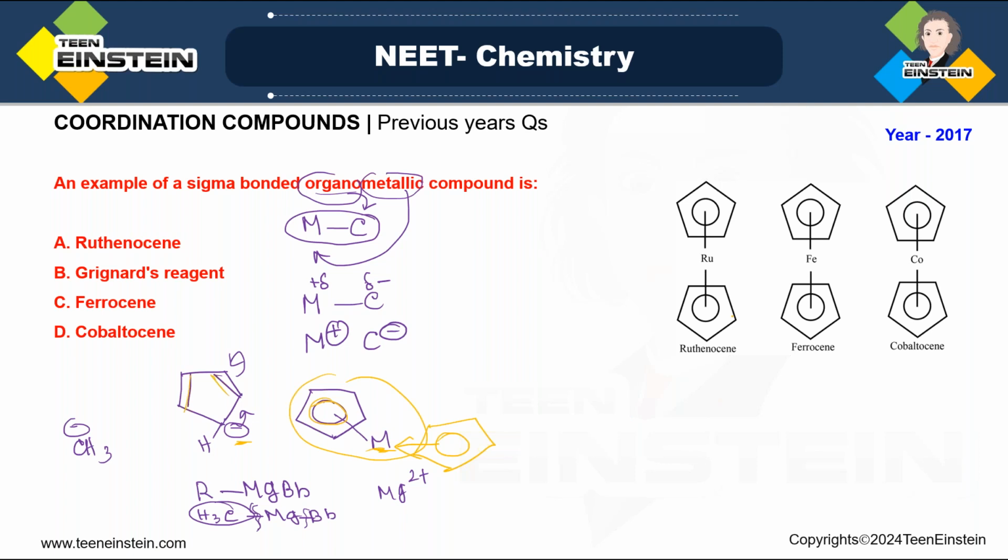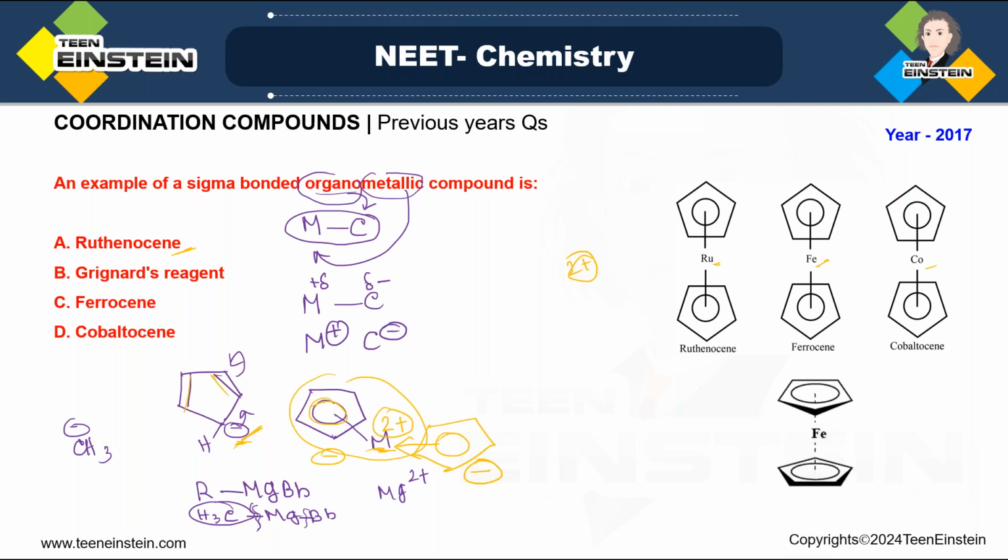Whether this metal is ruthenium, iron or cobalt, based on that you have different names. And obviously the charge over this metal is always 2 plus, because one negative charge comes from one 5-membered ring and another negative charge comes from the other, so the metal must have two positive charges. So these are the structures of ruthenocene, ferrocene, cobaltocene, and all are organometallic compounds, but they are not sigma bonded. They are pi bonded.